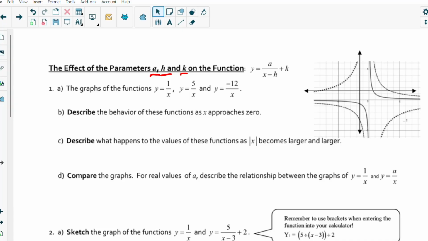So let me color code these so it's easier to see. That's y equals 1 over x.